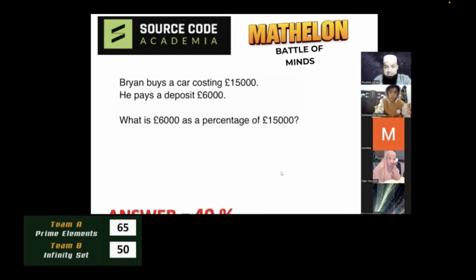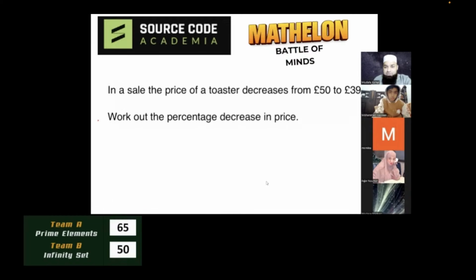The next question is: in a sale, the price of a toaster decreases from £50 to £39. Work out the percentage decrease in price. Team A. Momina. 22 percent. Well done, mashallah, Momina. So it's the change, which is actually 11 pounds, 50 minus 39, out of the old value, which was 50.